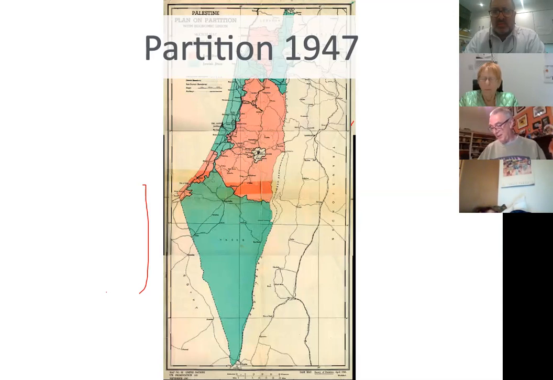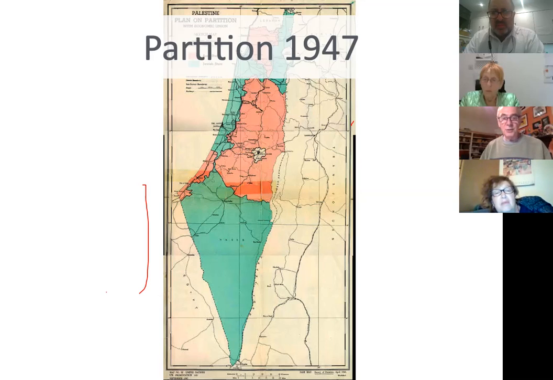We know the history, we don't need it. The Jewish state is demarcated in green. The pink areas were intended to be the Arab state. If you look at that, you can see that basically the Jewish state would have been carved into two by that tiny land bridge between the northern part and the southern part. We'd have had a lot of desert and not much else.